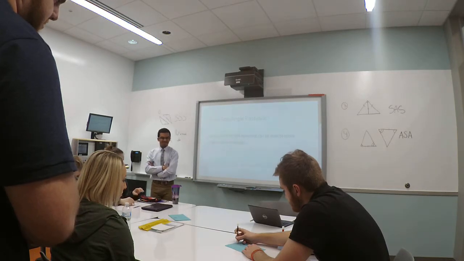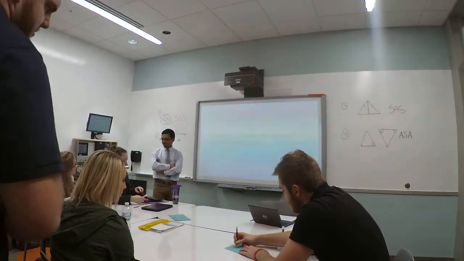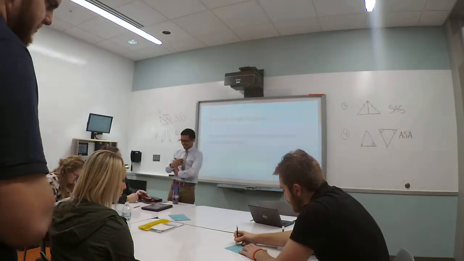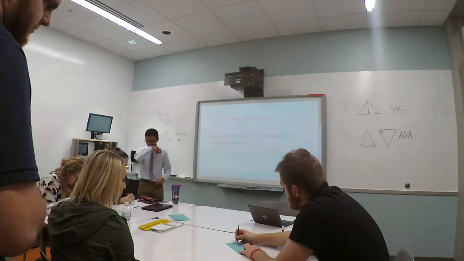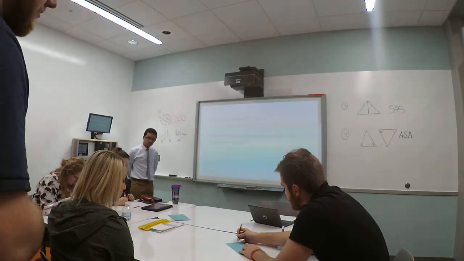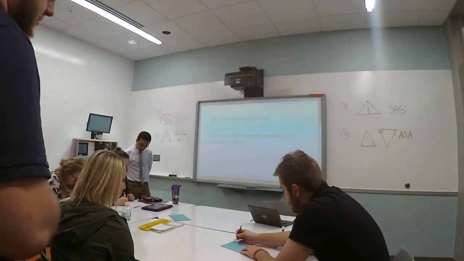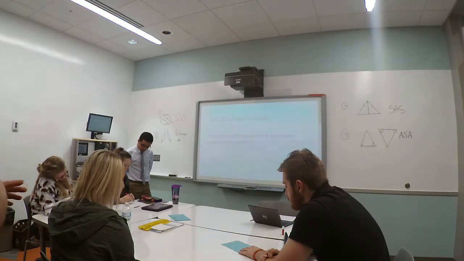It's kind of a right triangle, 3, 4, 5. So let's say we're going to use this side and this side and maybe this angle right here. This side, and then this angle.